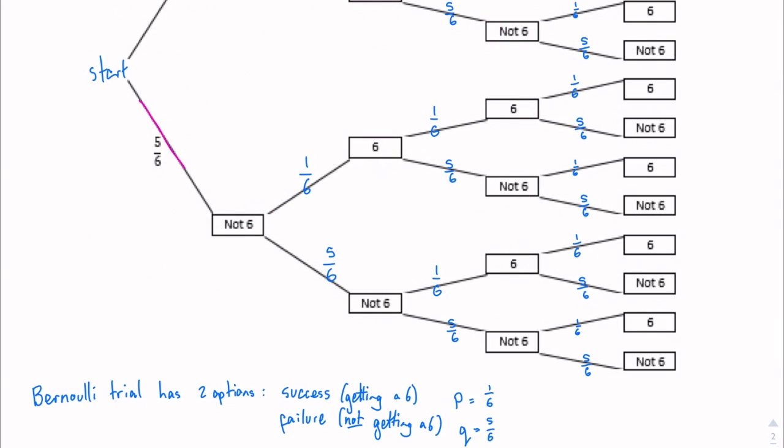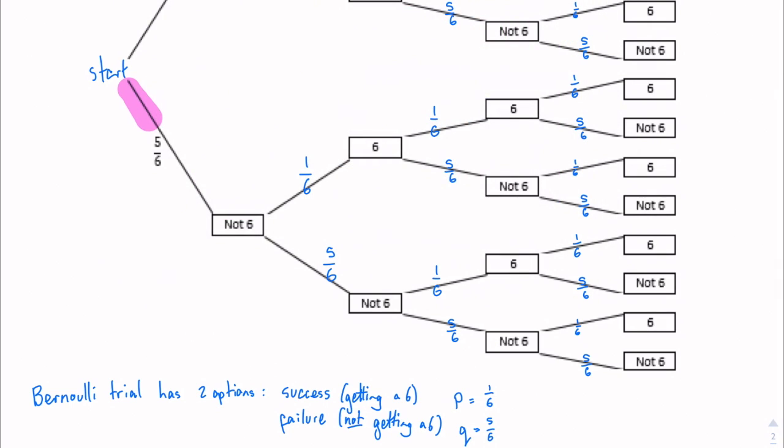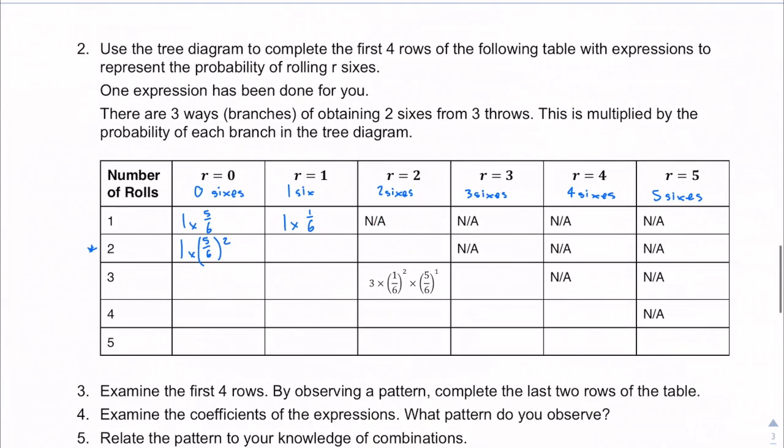So we could start off not getting a 6. Oh, I want to do this in pink highlighter. We could start off not getting a 6, but our next one would be a 6. So that would be 5/6 times 1/6. I'm going to enter this in, 5/6 times 1/6. Actually, I would like to do 1/6 first. 1/6 times 5/6.